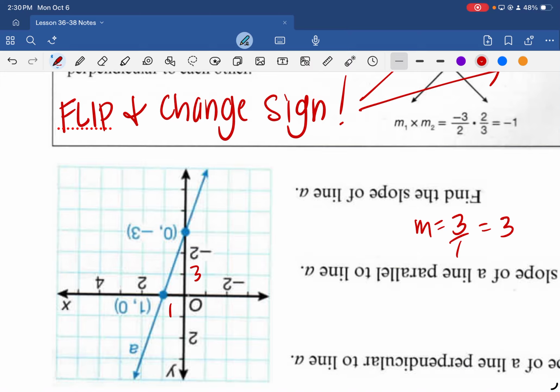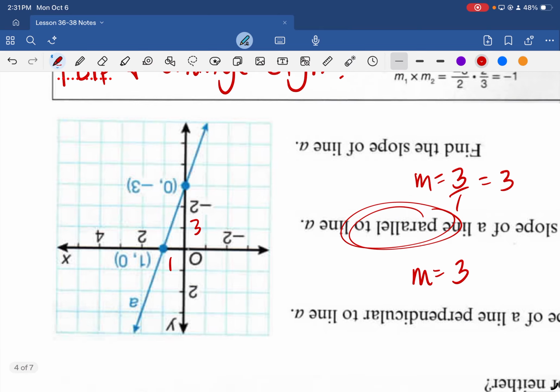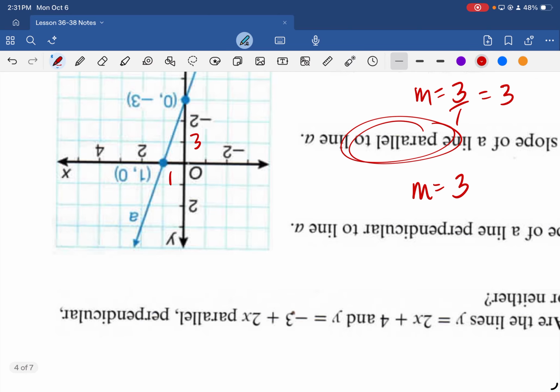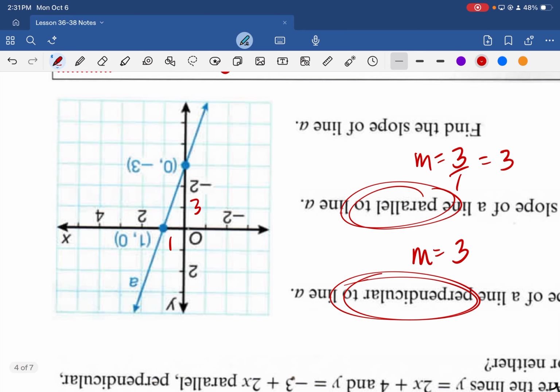All right, so if it says parallel, we use the same slope. To find the slope of a line that's parallel to this line, we say the slope is 3, because we want to use the exact same slope. But if they want a perpendicular slope, then we flip and change the sign.